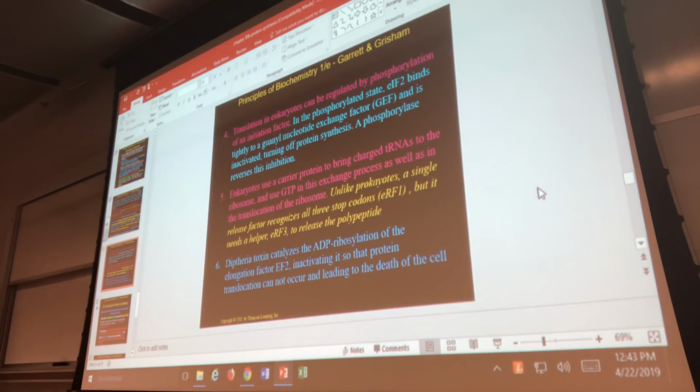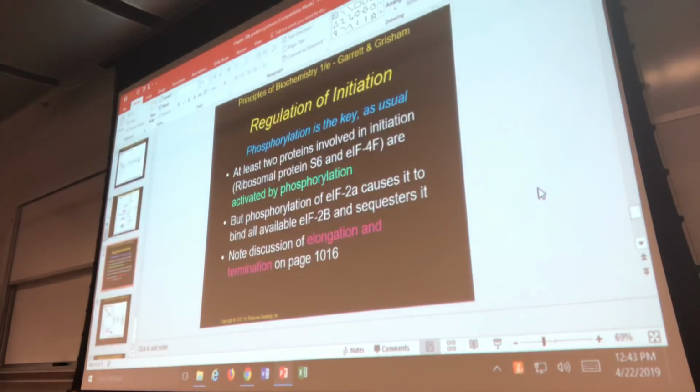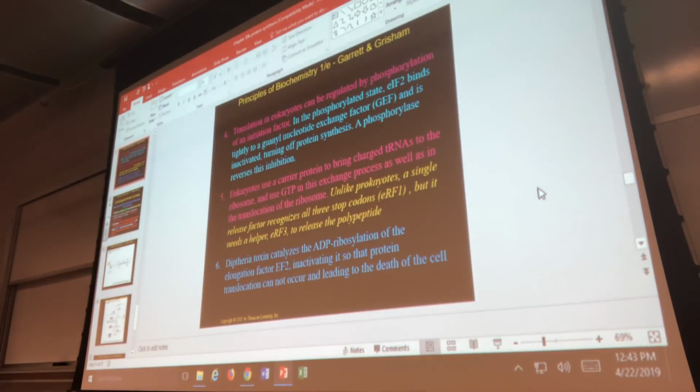This one is quite important, and sometimes he goes over it in detail. Let me see where the other slide is for this. Oh, maybe he doesn't care this semester. I'll go over it anyway, but it may not matter for the final. I'll find out by Wednesday. Translation in eukaryotes is regulated by phosphorylation of one of those initiation factors.